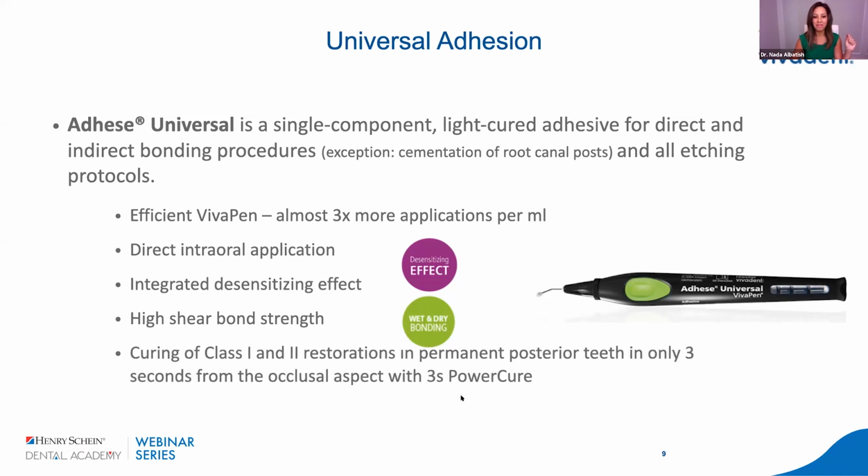Okay. You can cure it through it in 3 seconds. And I'm using this specific curing light that I'll walk you through today, the Blue Phase Power Cure Curing Light. You can actually cure the bond and the composites that I'll talk to you about today, the bulk fill posterior composites, in 3 seconds.